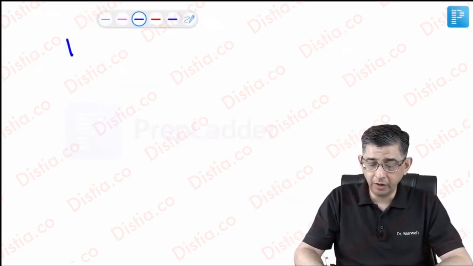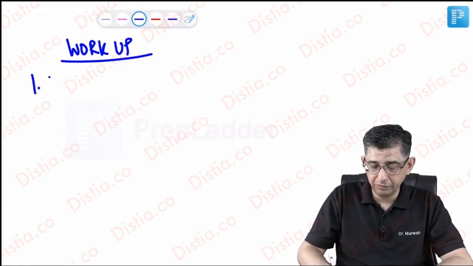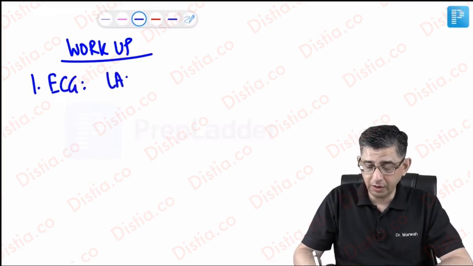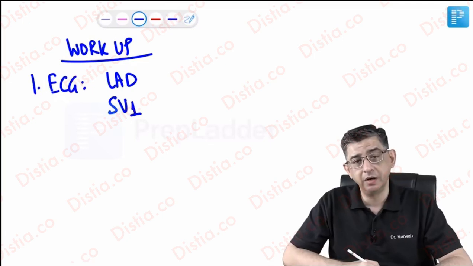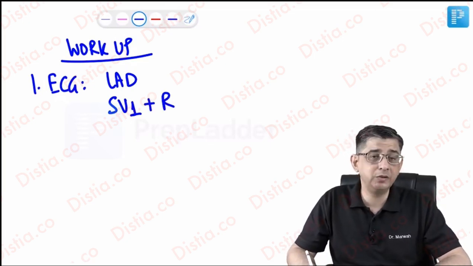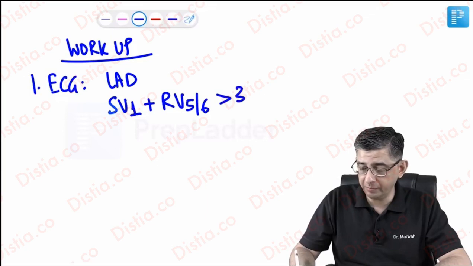We shall now be talking about the workup of these patients of aortic regurgitation. The first investigation would be an ECG, and this will show left axis deviation as well as evidence of left ventricular enlargement. The diagnostic criterion for left ventricular enlargement is that the depth of the S wave in V1 plus the height of the R wave in either V5 or V6 should be more than 35 millimeters.